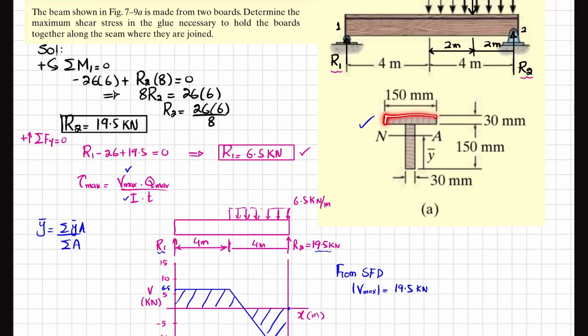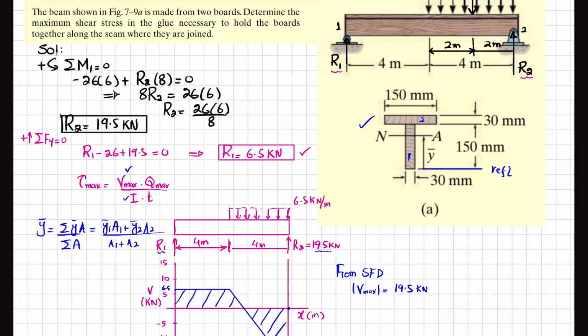One is this one, and second one is this one. I can write it as number 1. Let this is your first one and this is your second one, and we will take this horizontal line or the base as reference. So from reference line, this formula will become equal to y1 bar into a1 plus y2 bar into a2 divided by sum of area a1 plus a2.